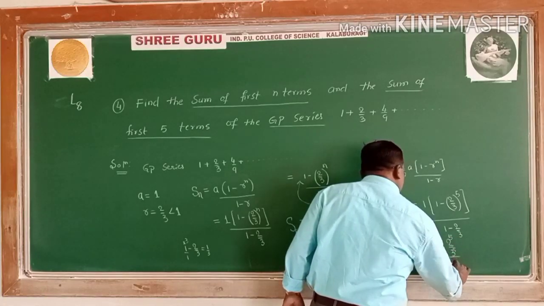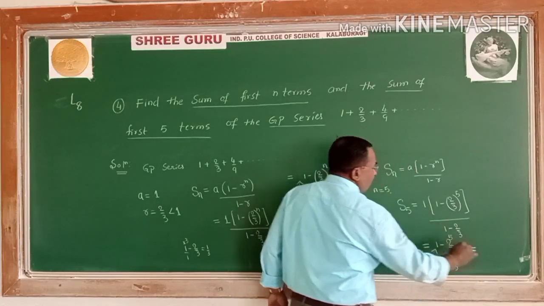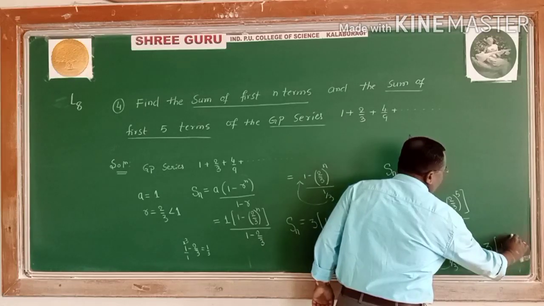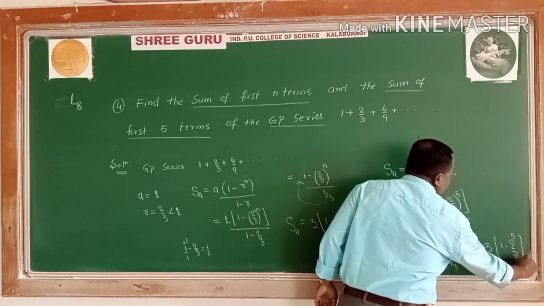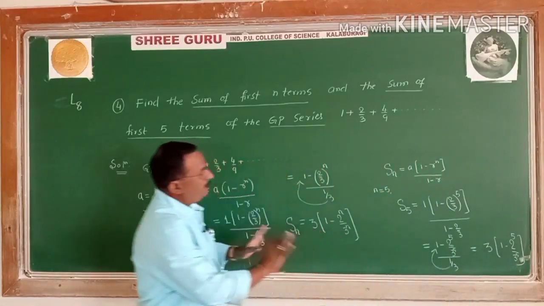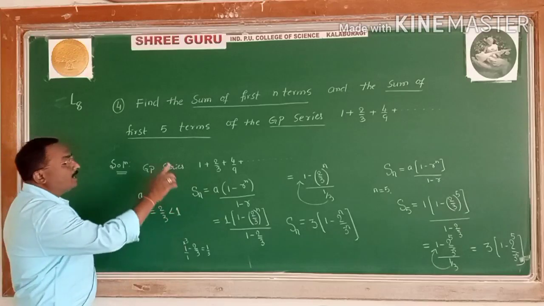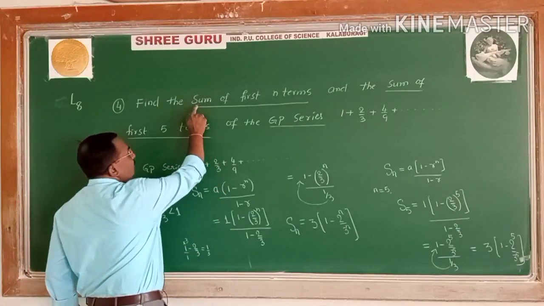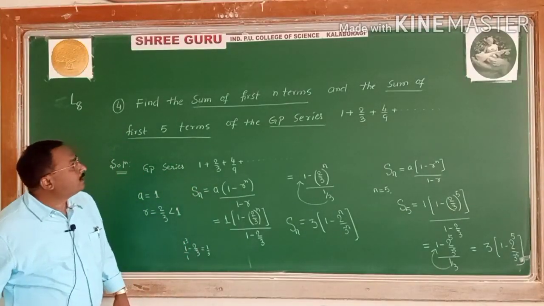This is example number 4. Keep in your mind, term means T, sum means S, sum means Sn. That is the main important point.